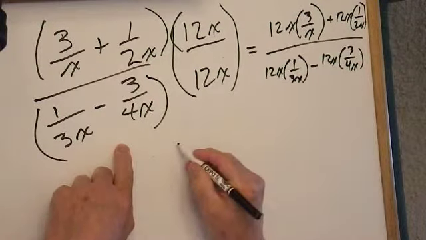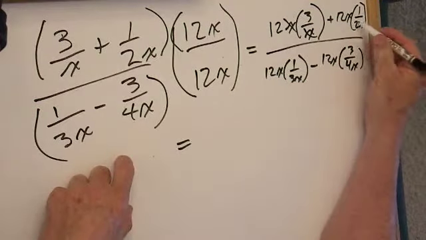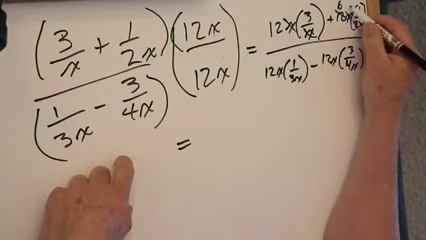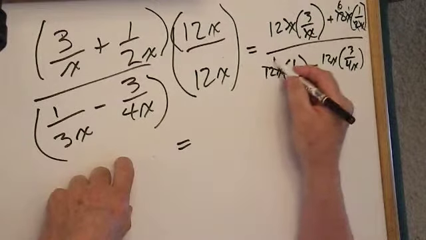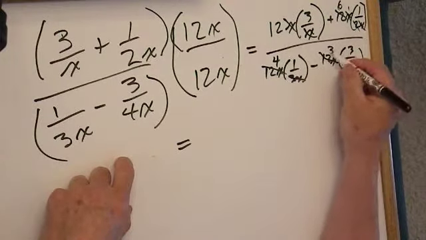But that's going to simplify a bit as well. So the x will divide into the x 1 time. 2 will divide into the 12 6 times. x will divide into the x 1 time. 3x goes into 12x, that'll just be 4. 4x will go into 12x, that'll just be 3.